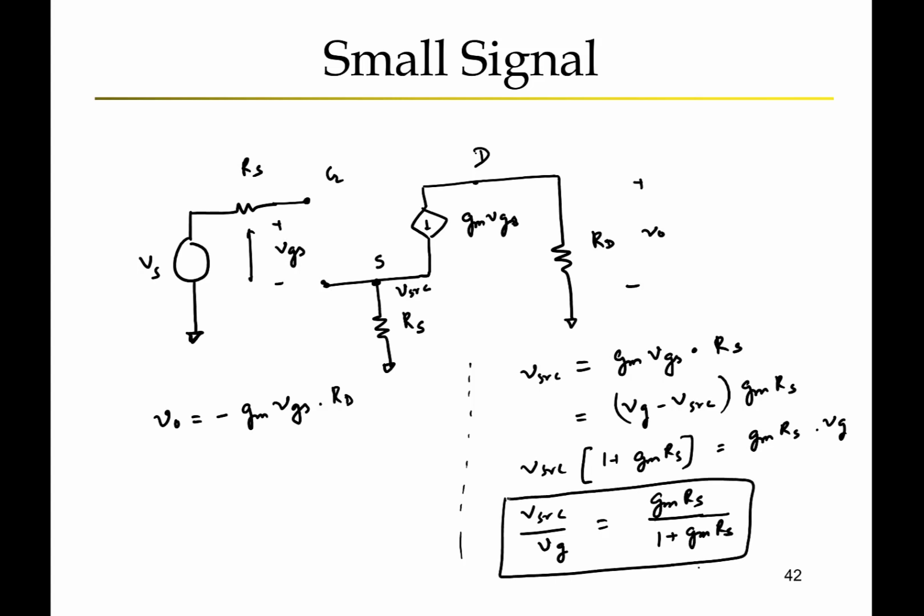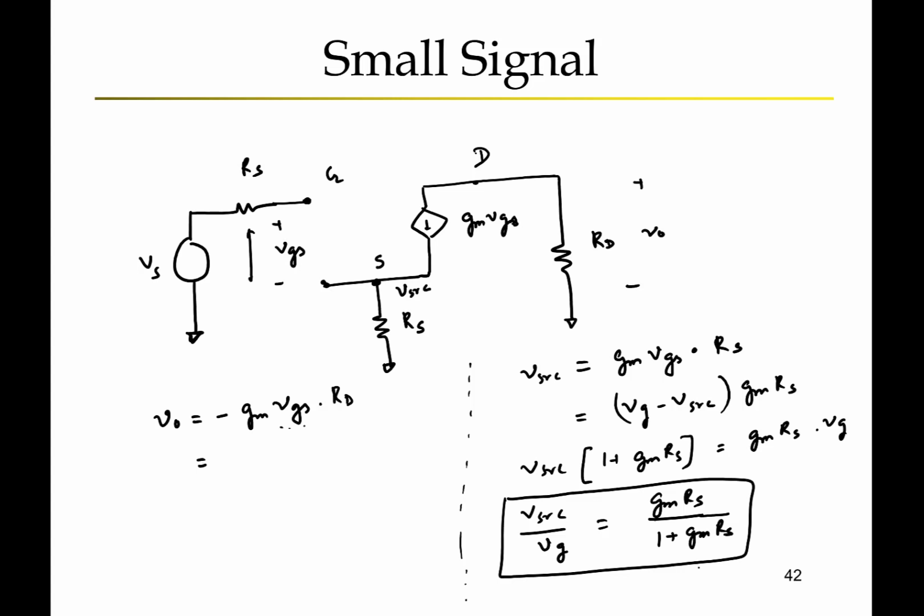So this is an important relationship: if I apply a gate voltage VG, how the voltage at the source will change due to the resistance RS in the common source amplifier with source degeneration. Now let us try to substitute this information in the output voltage.